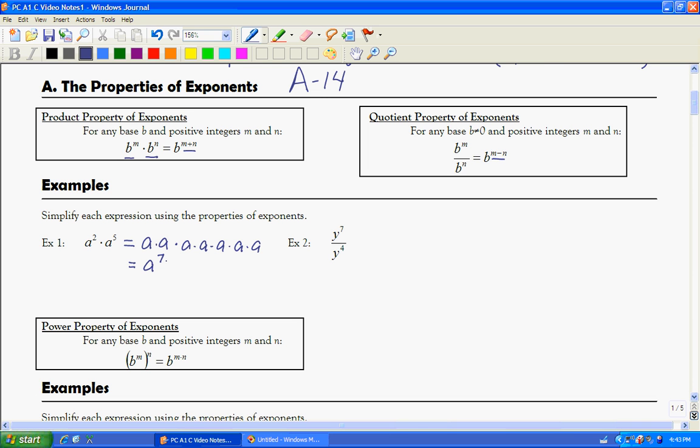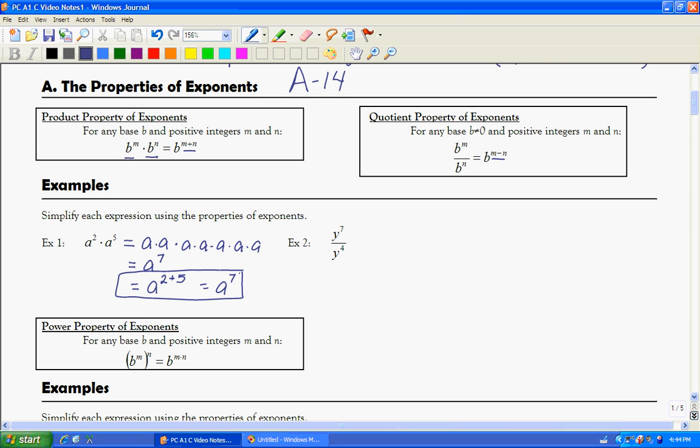Well, let's apply our property for products, and we'll see that we'll get the same answer, and it's much easier. So that ends up being a to the 2nd plus 5, which again gives us a to the 7th power. So this is the application of our property.